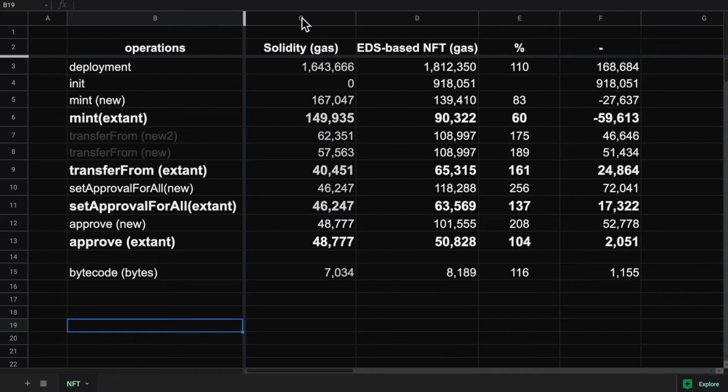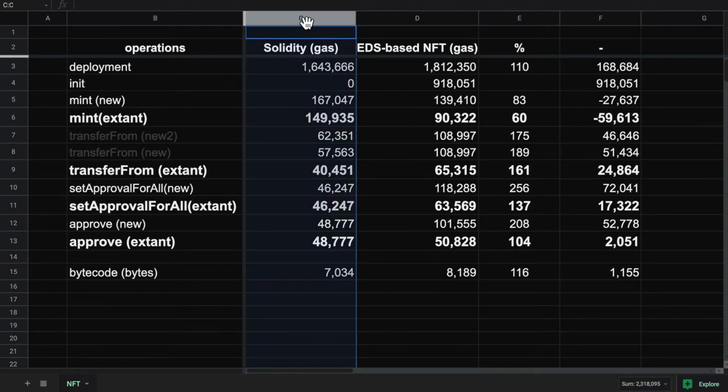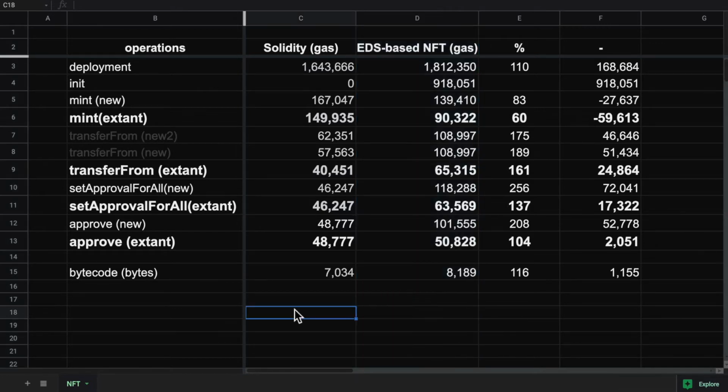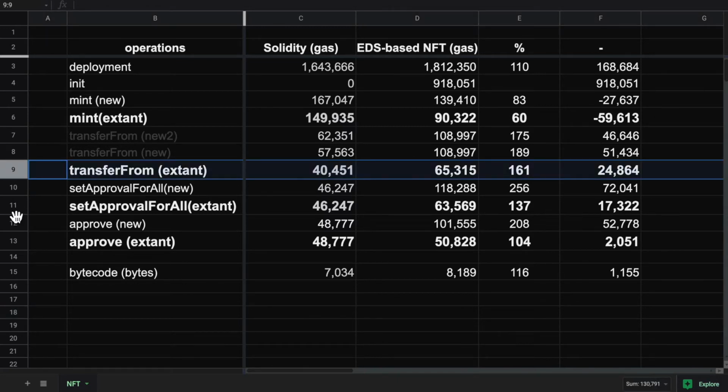These are the gas costs for the Solidity implementation, and these are the gas costs for the EDS-based NFT contract. From the start, we can see that the EDS-based implementation is more expensive for transfers and approvals.